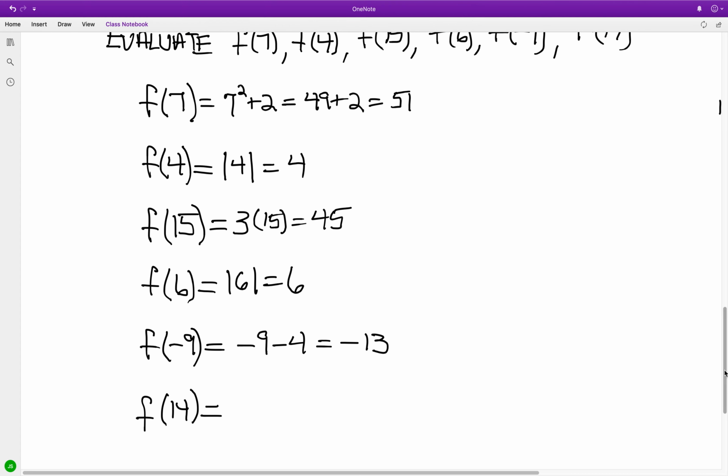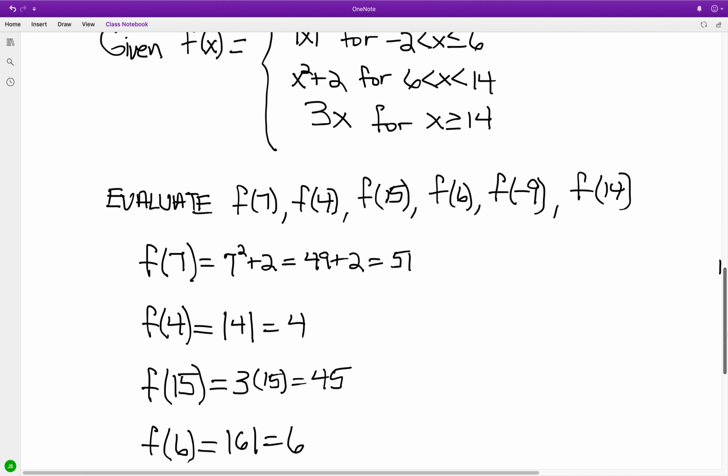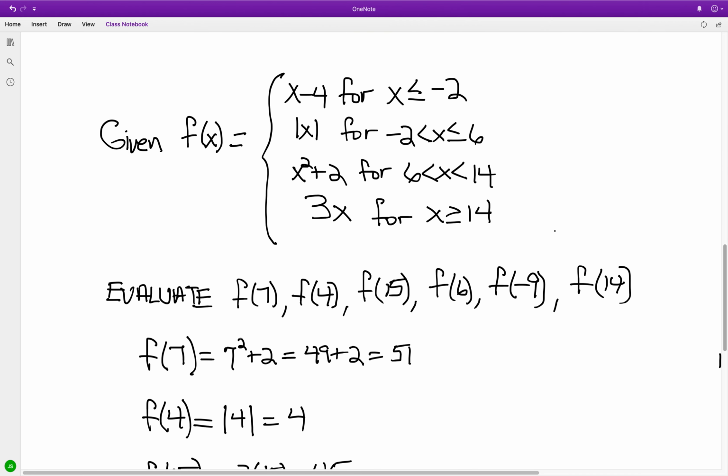And in the case of f of 14, for 14, the first inequality does not apply, and the second one does not. Now for 6 is less than 14 is less than 14: again, 6 is less than 14, however, 14 cannot be less than itself. If I carry over 14 to the last inequality statement, 14 cannot be greater than itself, but it is nonetheless equal to itself.